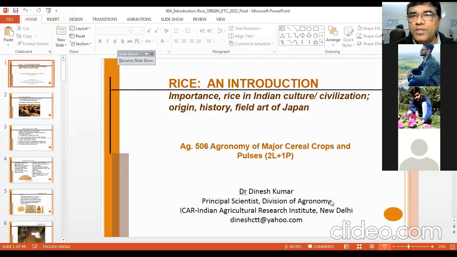So starting from pericarp up to aleurone layer is your rice bran. Normally it is 8% of the paddy weight, total weight of the grains. And this bran is rich in oil, contains 15 to 20% oil. And approximately 75% of the oil is in bran.